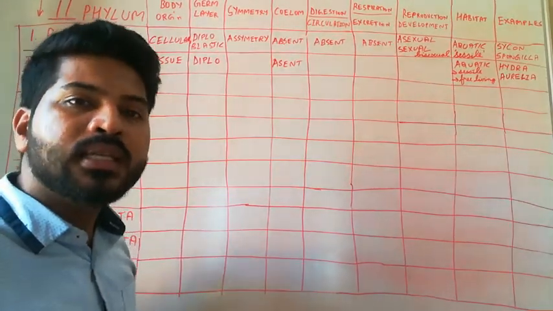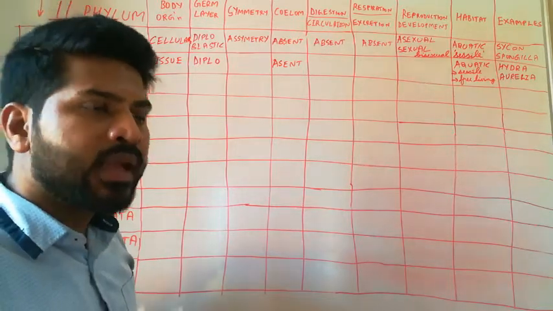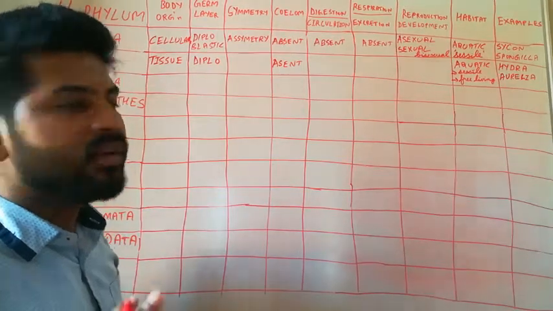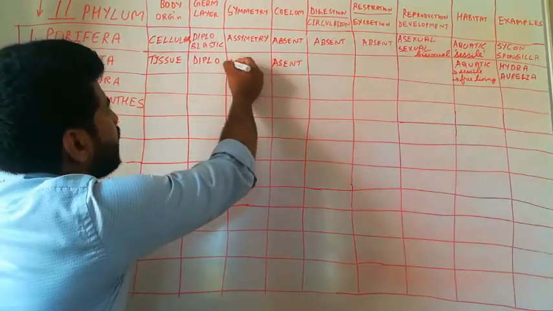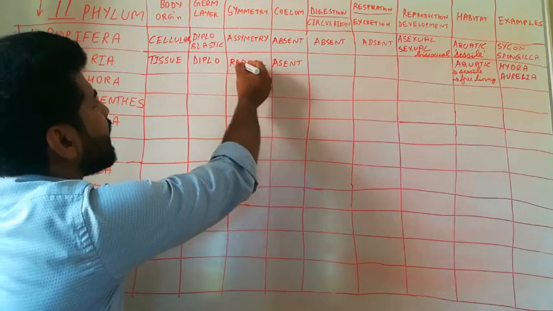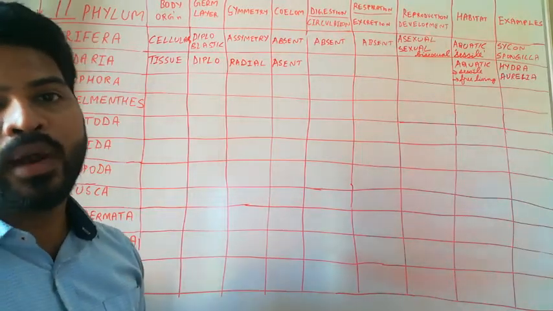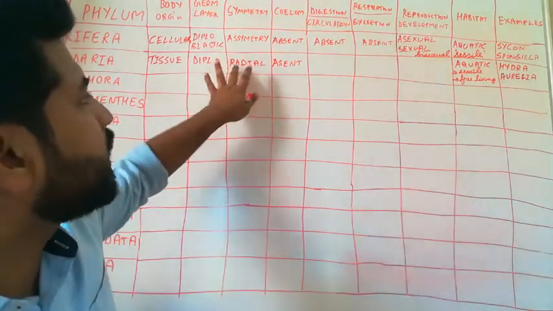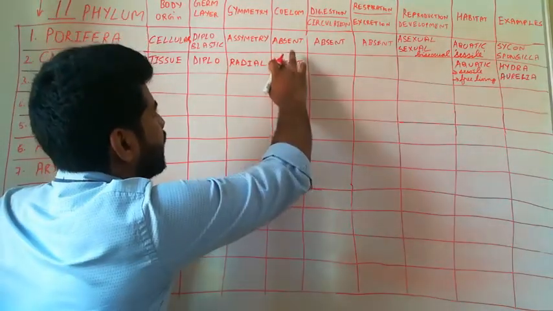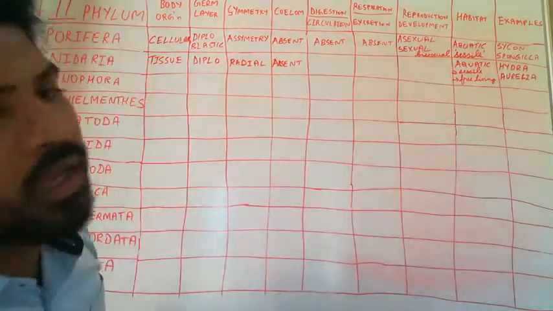That is why the name Coelenterata. All the digestion, excretion, etc. takes place inside the gastrovascular cavity. Symmetry wise, they exhibit radial symmetry. That is, any plane of axis can divide the body into two equal halves. So they exhibit radial symmetry, and these are acoelomate, that is, the coelom is absent.